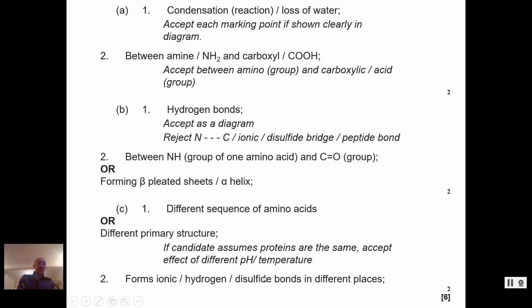So the point with C here is, if they've got the same number of amino acids and the same type of amino acids, the only other thing that they can have different is that they will be ordered in a different direction. So instead of going lysine, glycine, glycine, it might be lysine, glycine, lysine. Different order. If it's a different order, they'll have R groups in different places. If it has R groups in different places, it will form bonds in different places.